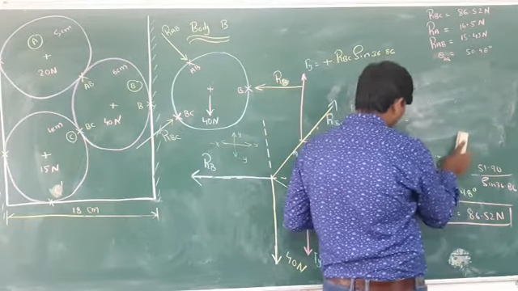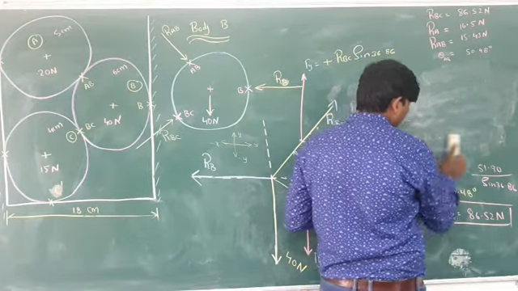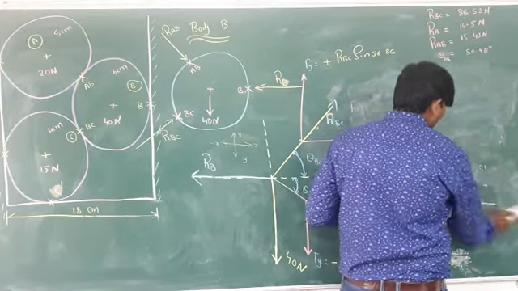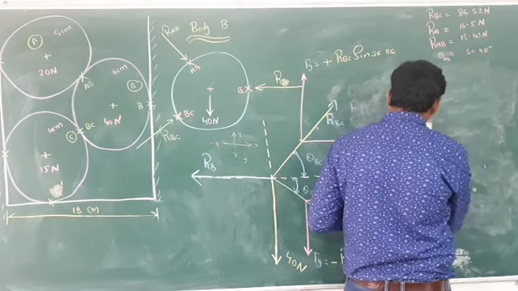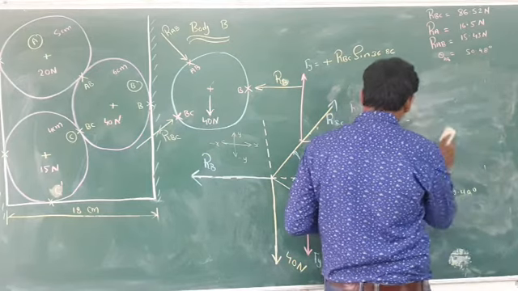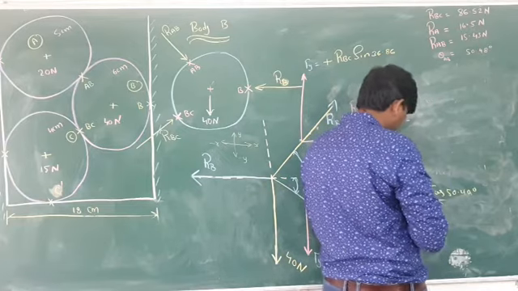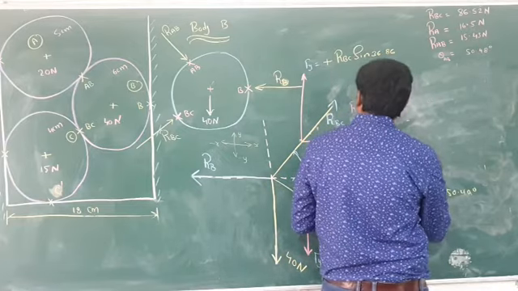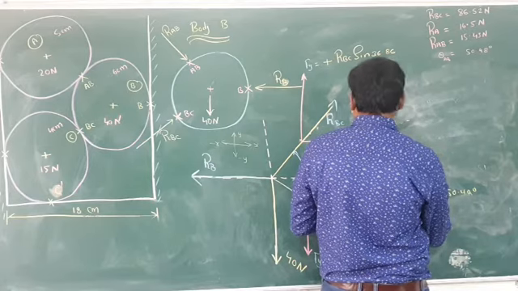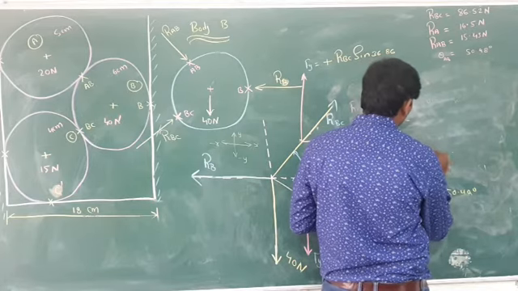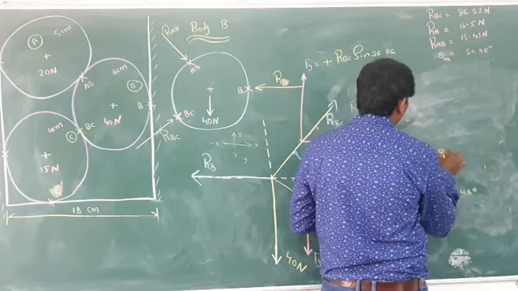See, I will erase this one first. This is cos, this value is there, cos 36.86.